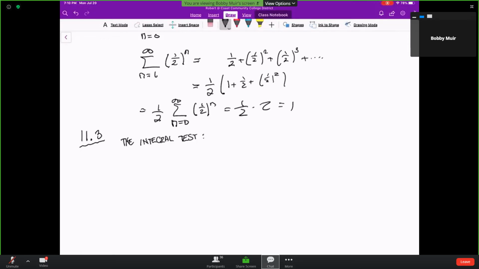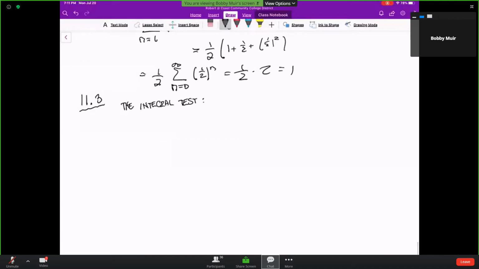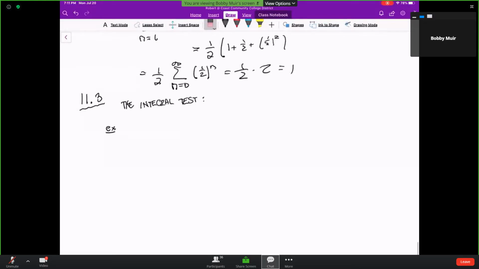Let's start off with an example: suppose I was interested in adding up n equaling 1 going to infinity of 1 over n.